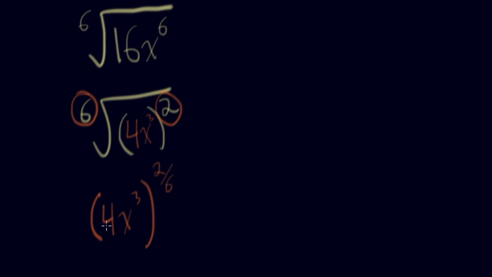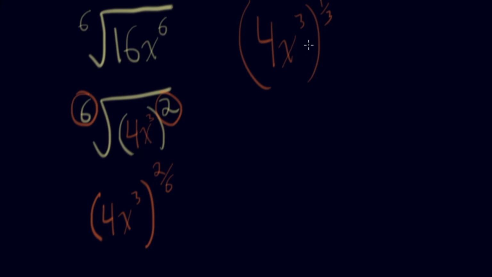So 4x cubed to the power of 2/6. Okay, so if I'm going to do all my math stuff there, this 2/6 is going to simplify to 1/3. So 4x to the third, to the power of 1/3.